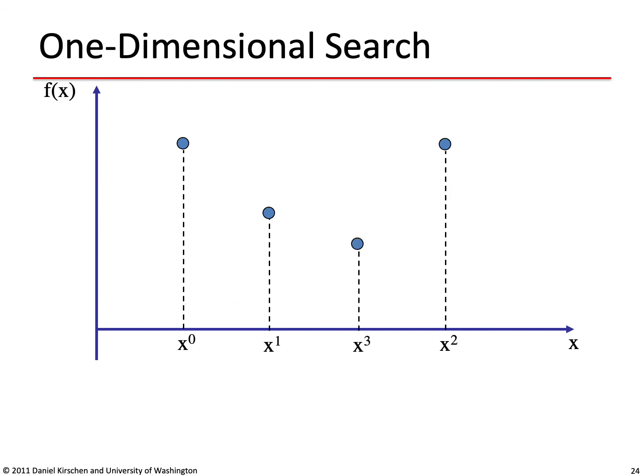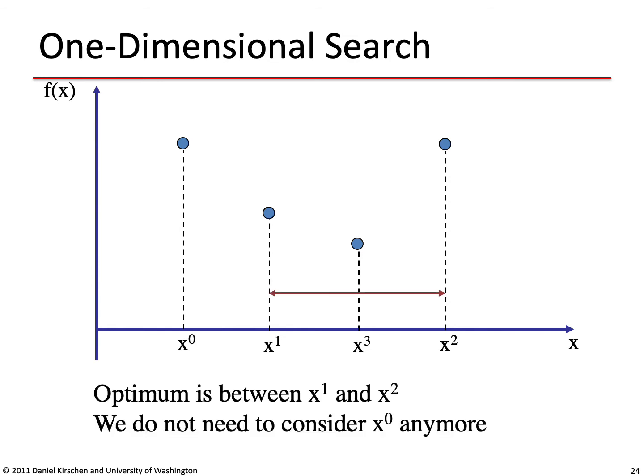We can then calculate the value of the function at x3, which is between x1 and x2. Because f of x3 is less than f of x1 and f of x2, we can say that the optimum is between x1 and x2 if the function is convex, and we no longer need to consider what's between x0 and x1.